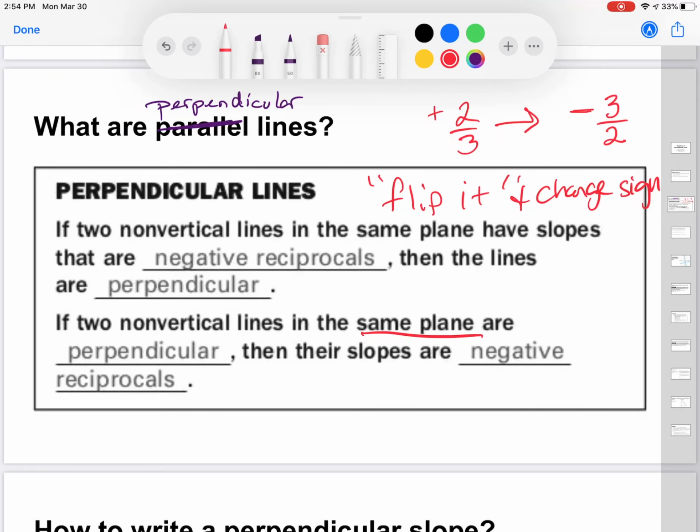But if two non-vertical lines in the same plane are perpendicular, then their slopes are negative reciprocals. So two lines that are perpendicular on your paper would be like the red margin lines with the blue writing lines. Those would be perpendicular to each other.